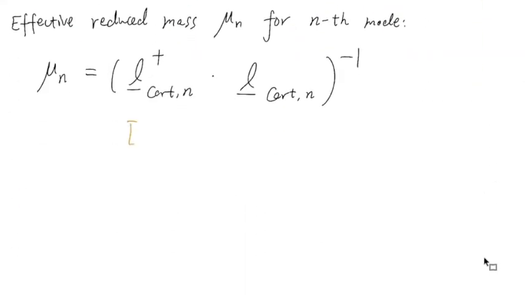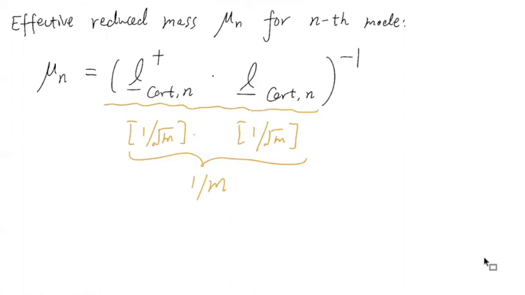This is 1 over square root m times 1 over square root m. And this gives you 1 over m. And because this term is on the denominator, the unit of this reduced mass, of course, is the unit of mass, right? So it has the unit of mass. All right.